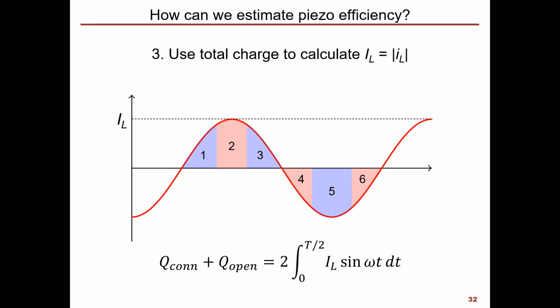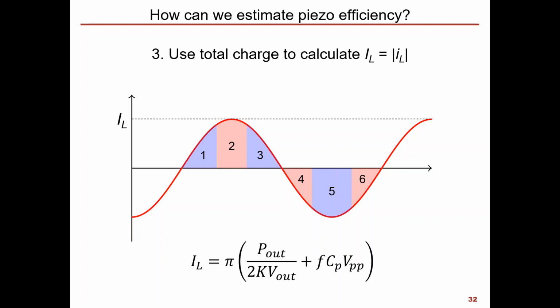Now, once we've calculated this charge transfer, we can add it all up and set it equal to the integral of IL. And if we're assuming that IL is sinusoidal, this can then give us an equation for what the amplitude of IL is. This equation for the IL amplitude has a connected stage term, that's the first term, as well as an open stage term, that's the second term.